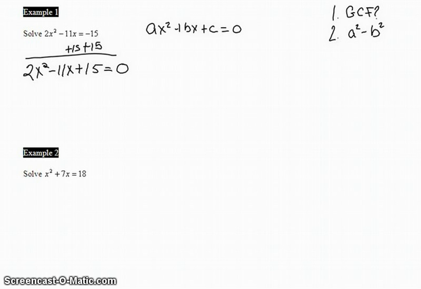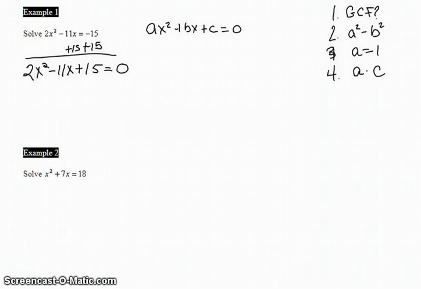Nope, I've got 3 terms, so I go to my next. Oops, I can't count. Should be step 3. Does a equal 1? No. So finally, that means I need to factor by grouping or do that AC method.